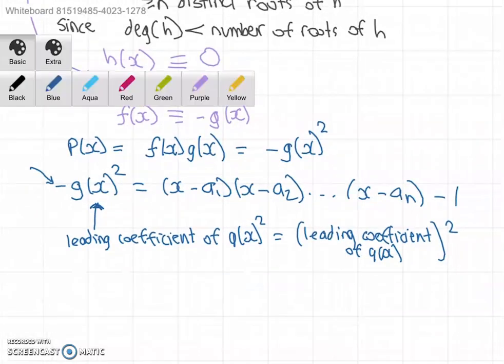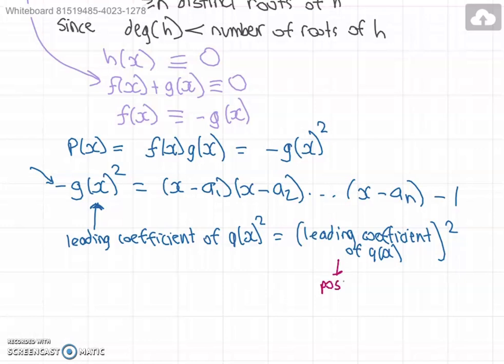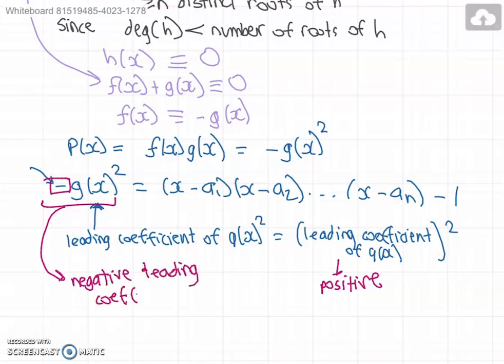Okay, so this number is going to be positive. However, we have a minus sign over here, which means the leading coefficient of negative g of x squared is going to be negative. So the whole thing has a negative leading coefficient. However, the right hand side has a leading coefficient of 1. This is because when you multiply all the x's, you will only have a leading coefficient of 1.